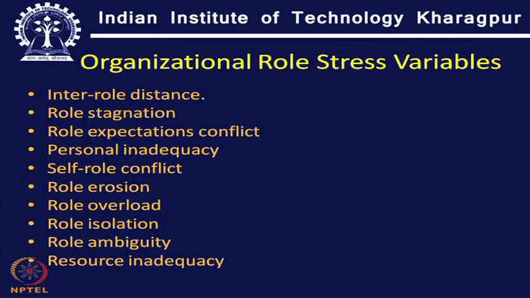Role expectations conflict, when different people try to expect different things from the same role, which is what we discussed under the matrix organization. If you have to report to two or three people and they have set different targets for you and expect different things from you, you really do not know which one to answer first, and that will lead to role expectation conflict.